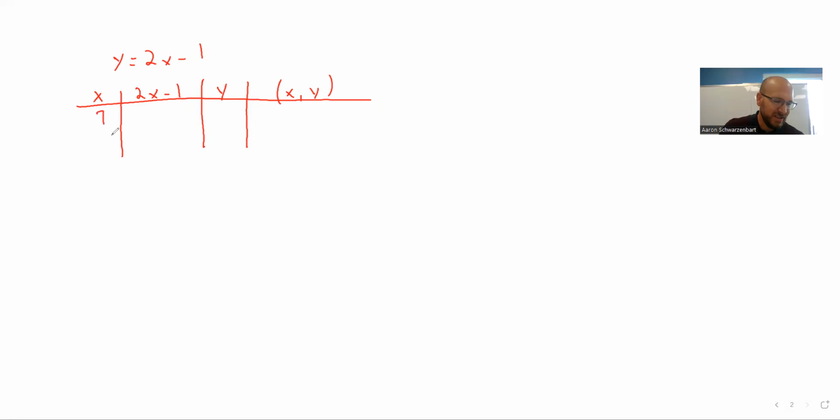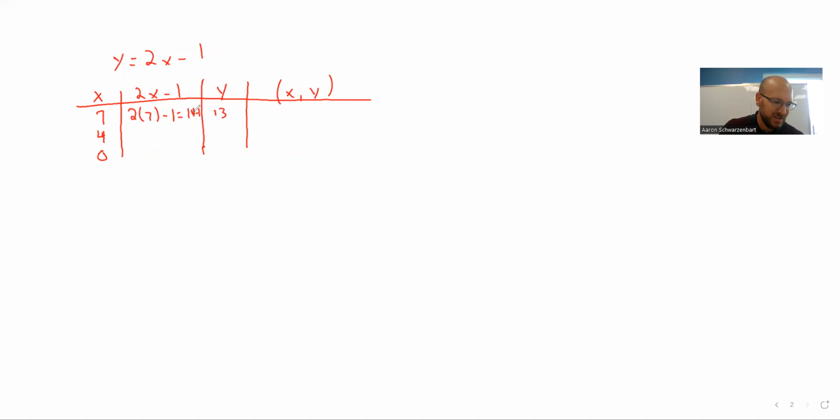On a lot of these, they give you some values, some x coordinates. So how do I fill it in? Well, that's 2 times 7 minus 1. That's 14 minus 1, or 13.